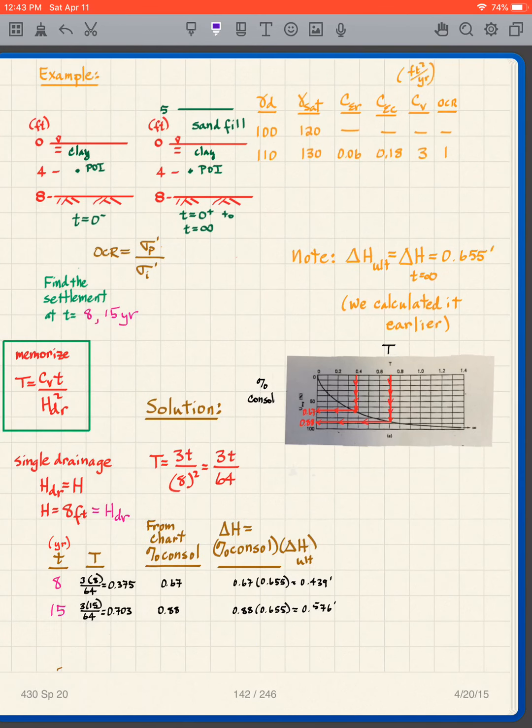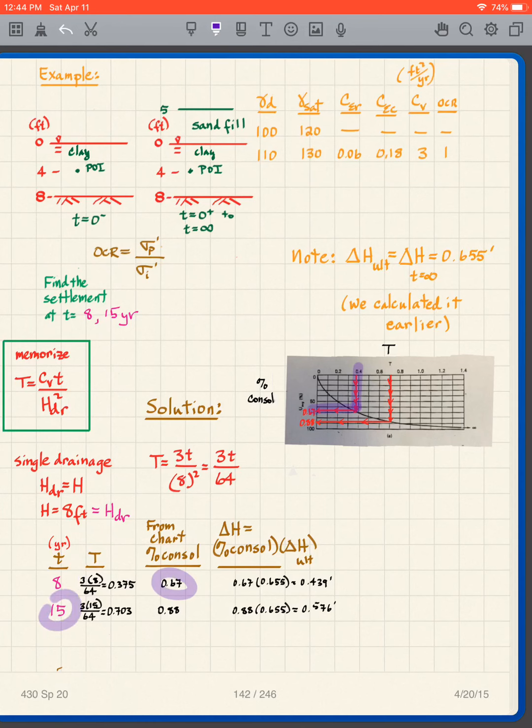Okay, so it's pretty straightforward. All I have to do is convert my small t to my big T. And how do I do it? Using my big T is equal to c sub v t over H_DR squared. So I simply put in 8, and I get capital T as 0.375. I come down here, 0.375 over, I get 0.67.